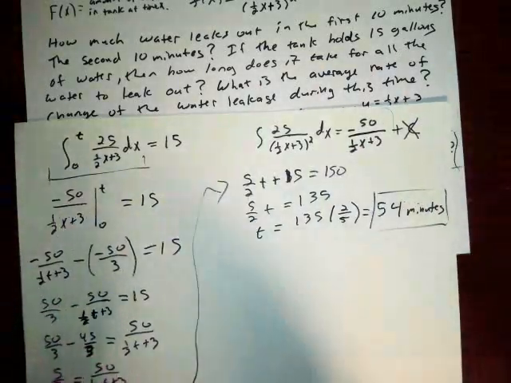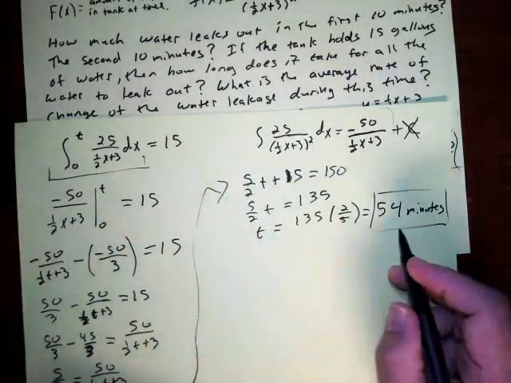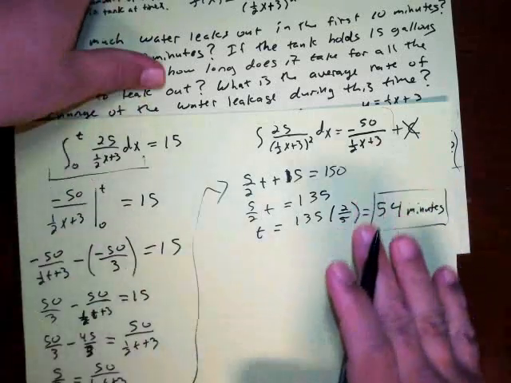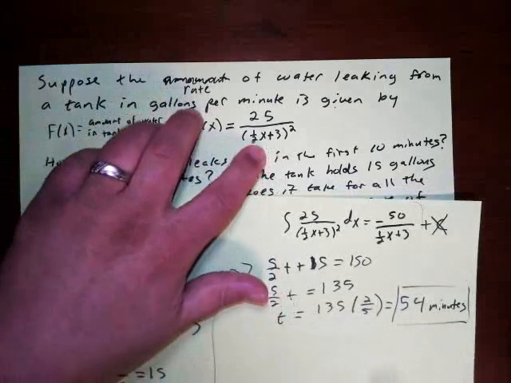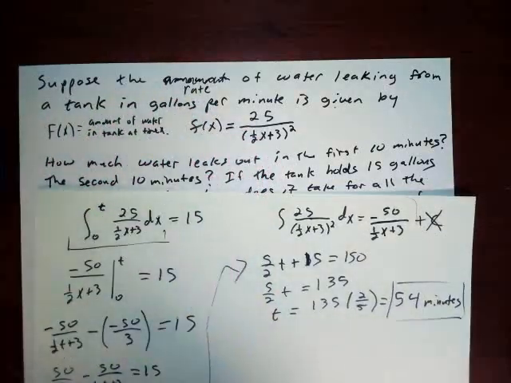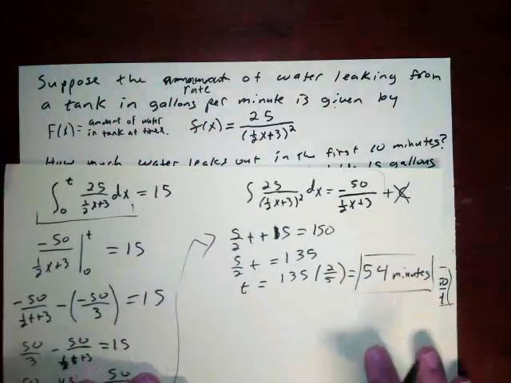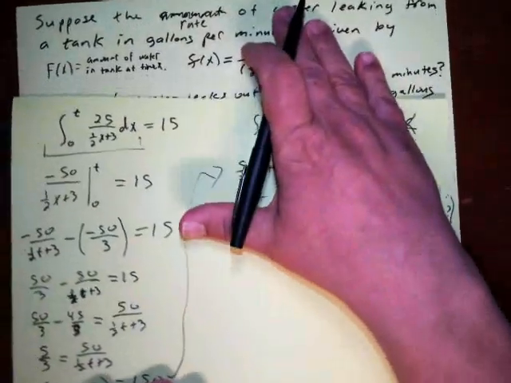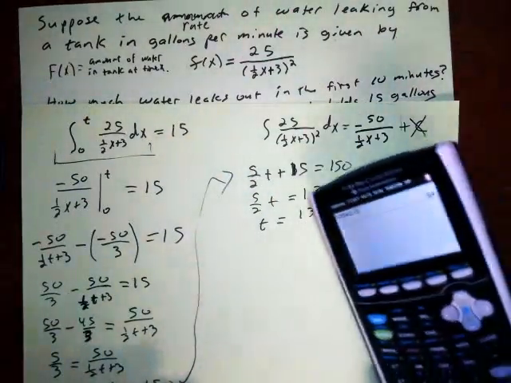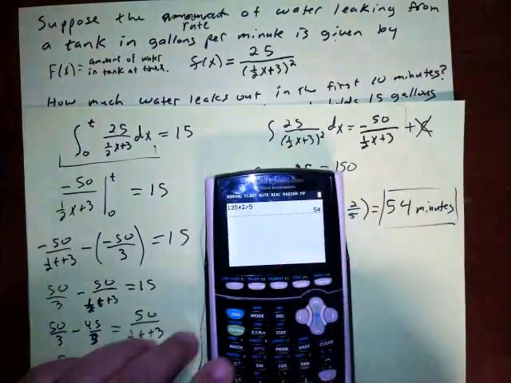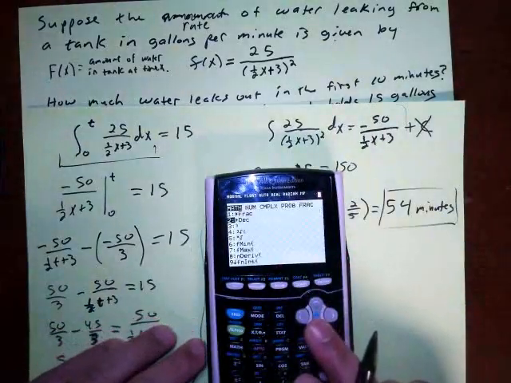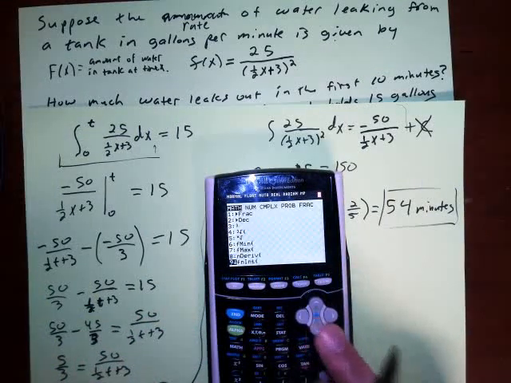So the first 20 minutes gets about 13 of the gallons out, but you see that the rate at which the water is leaking out is decreasing. As this number gets bigger, the rate is decreasing, and so it would take, in fact exactly, 54 minutes for the water to leak out. Let me do math to see if I solved my equation right.